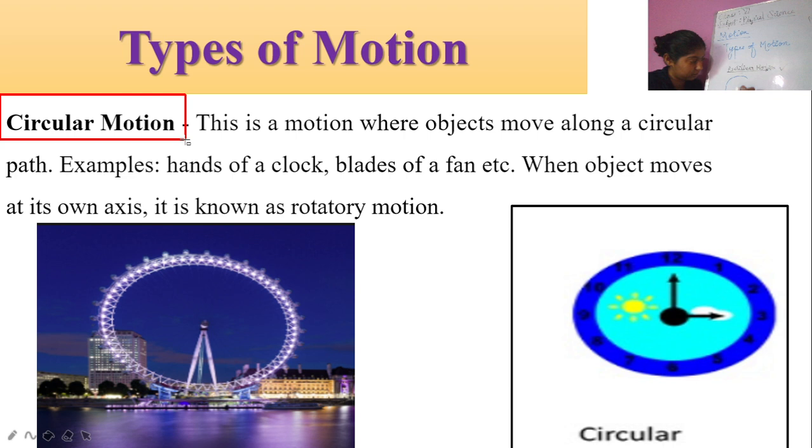So remember these points students, it's very important. You can see a ferry wheel here, right? Is this ferry wheel showing a circular motion? Yes, you can see this is a circular motion only.